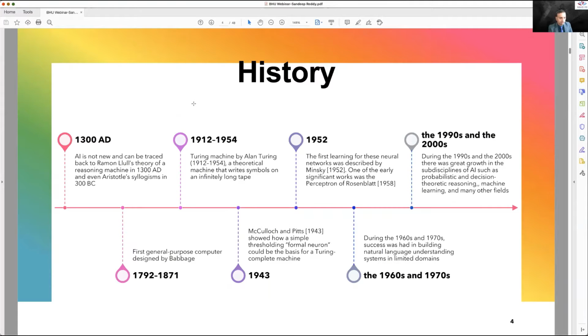Only in the past 70 years was there a much more formal process of developing AI, and that goes back to Alan Turing's concept of the Turing machine, and following that there was some work towards developing early concepts of deep neural networks and deep learning, and then in recent years we have started to see more and more attention paid to artificial intelligence. But please be sure that artificial intelligence as a concept has been around for a long time.